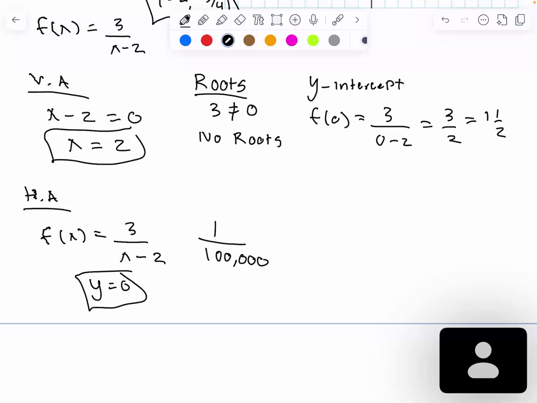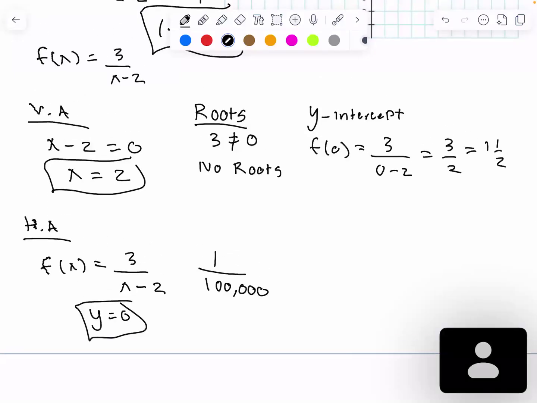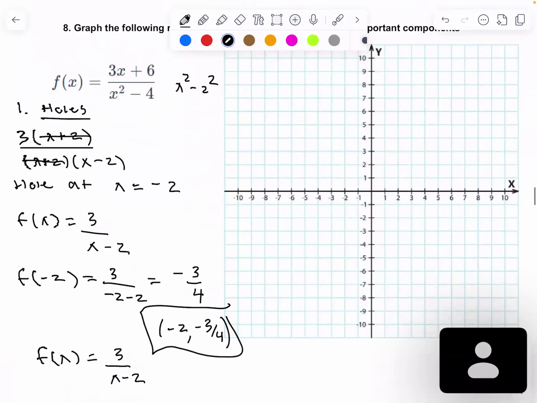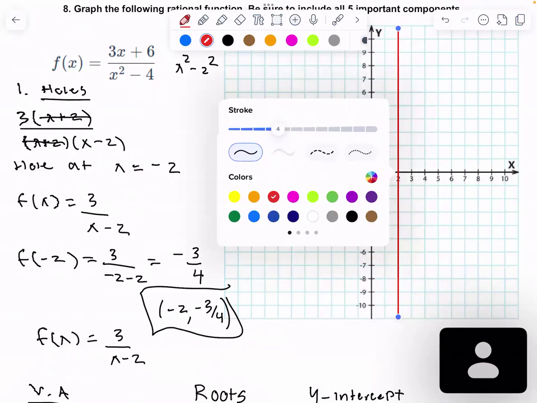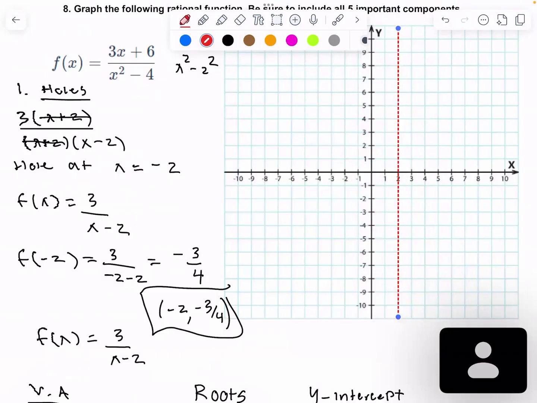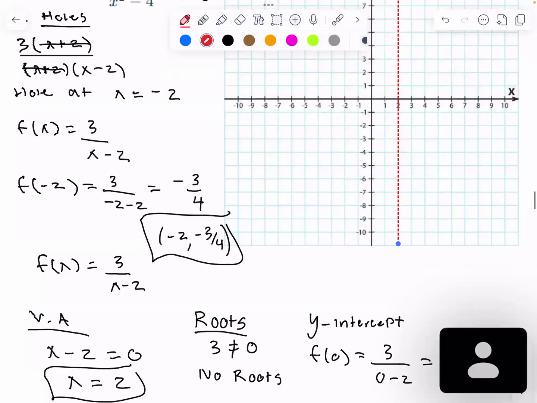Okay, let's put everything together. I recommend graphing the asymptotes first. So we have a vertical asymptote at x equals 2. Vertical asymptotes we usually do with dashed lines. Okay, we have a horizontal asymptote at y equals 0.